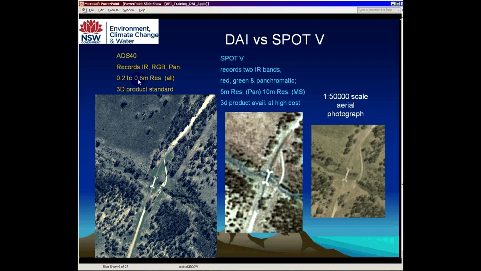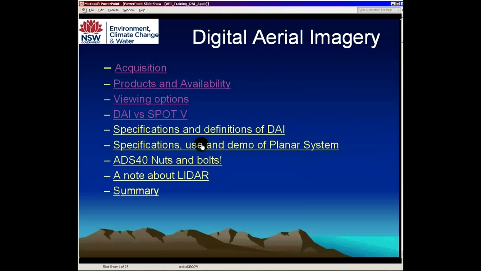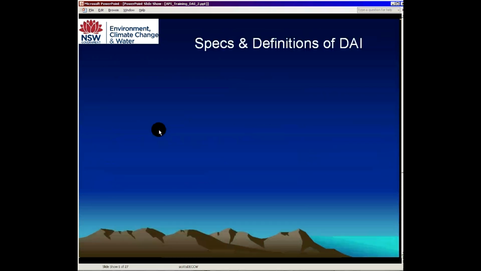Generally the ADS-40 is going to be restricted to the central and eastern parts of New South Wales. So this gives you a bit of an idea on the differences between ADS-40 and Spot 5.